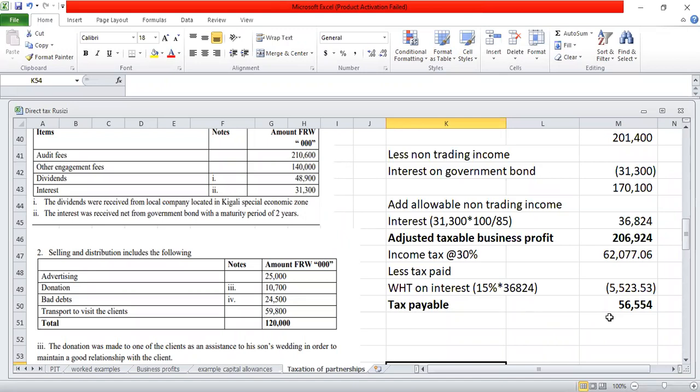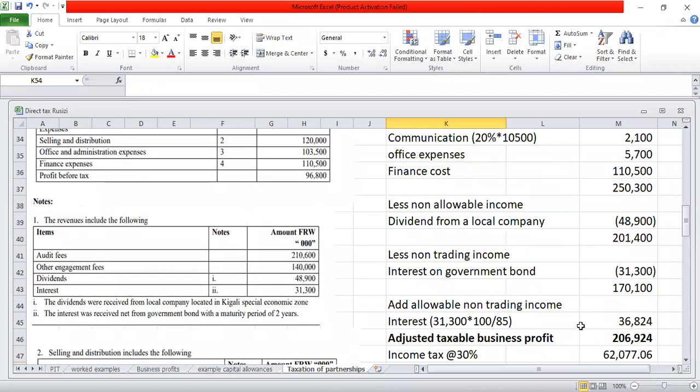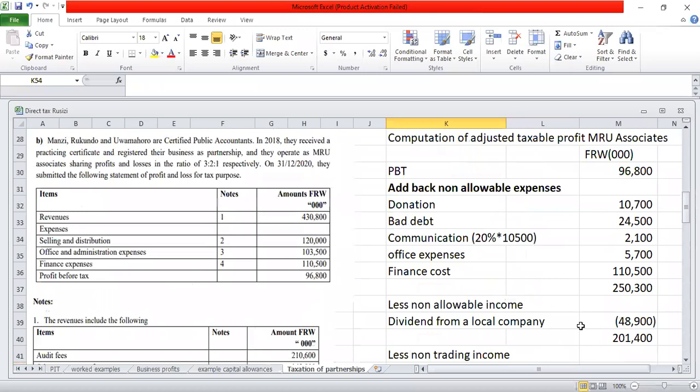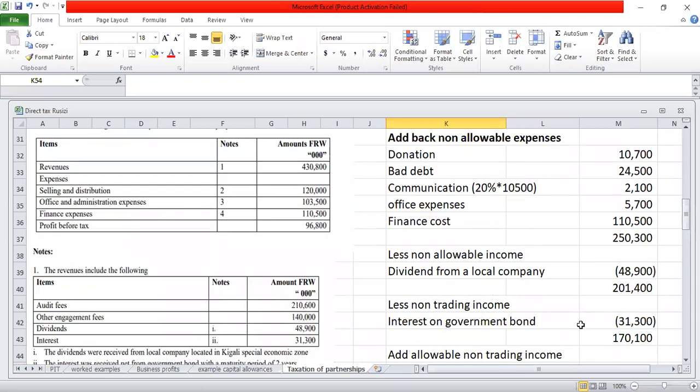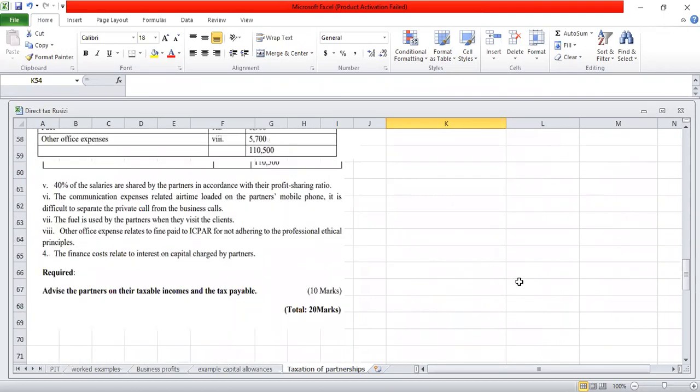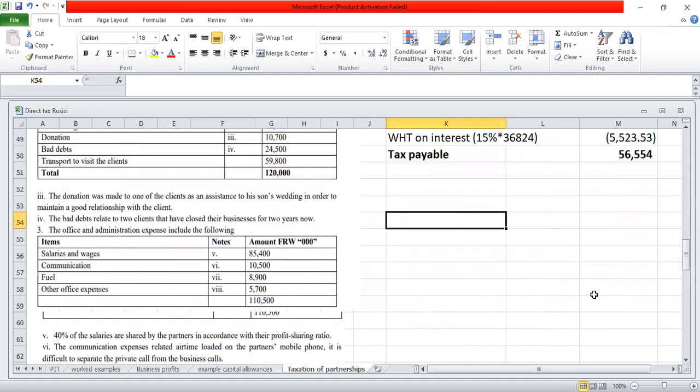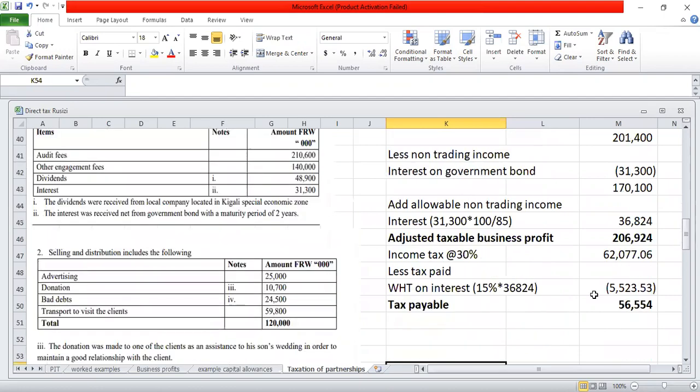I don't know if you have a question on how to adjust. When you look at this, my emphasis is to know what is allowed and what is not allowed. That's my emphasis. Because if you look at what we are doing, we are only looking at those issues. I think the question was stopping there, we are not distributing.